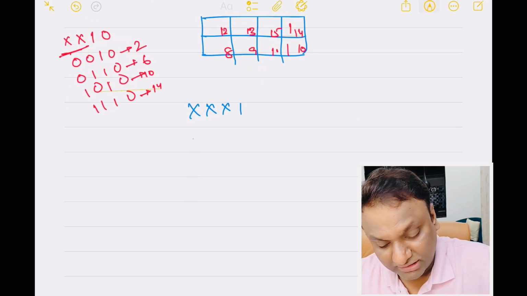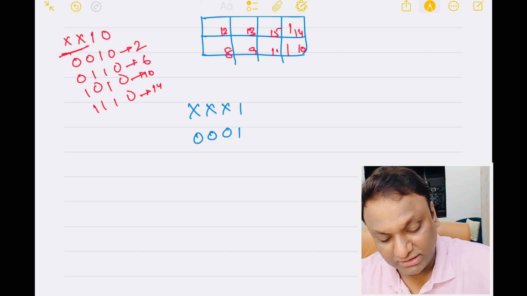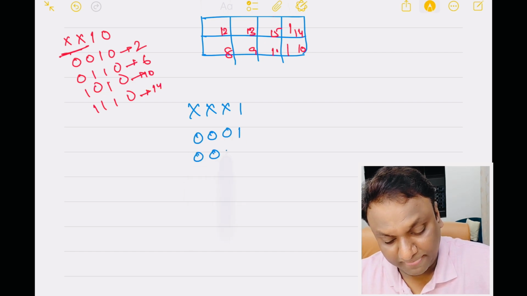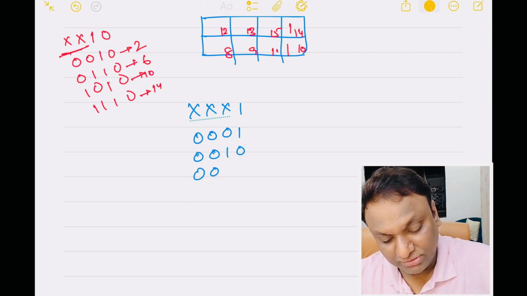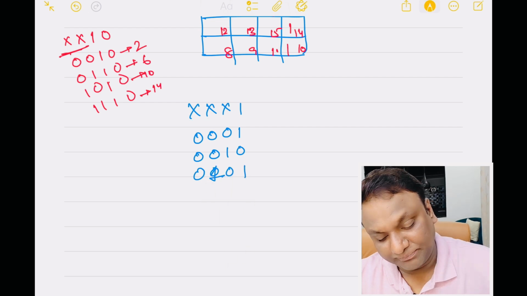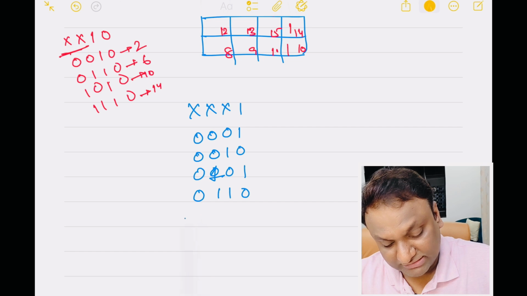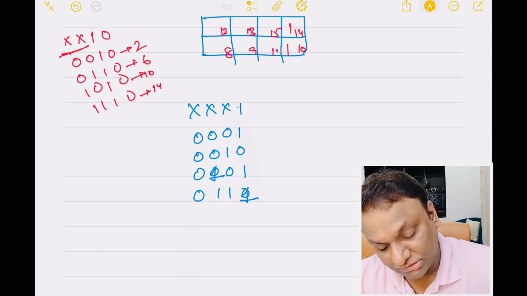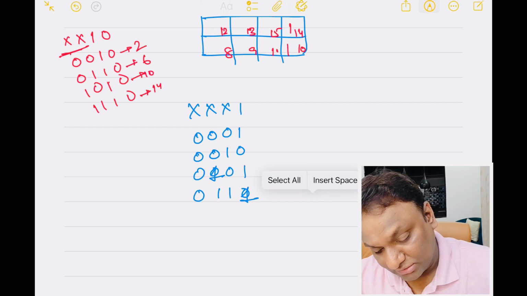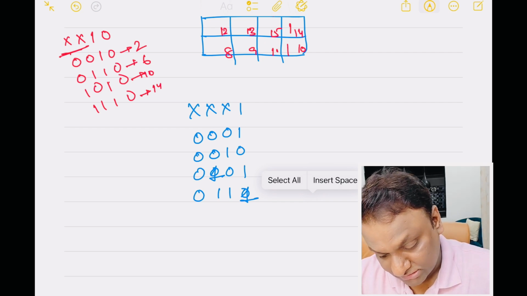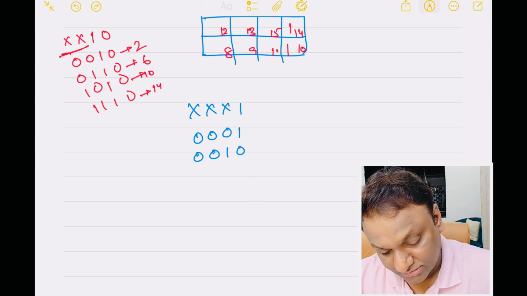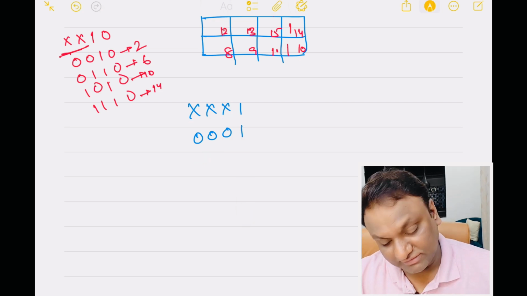Now, you see here, from 0001, 0011, 0101, 0111 and so on. This 4th bit is always equal to 1. So, you see here, the 4th bit is always equal to 1.